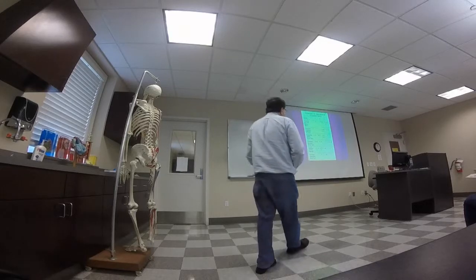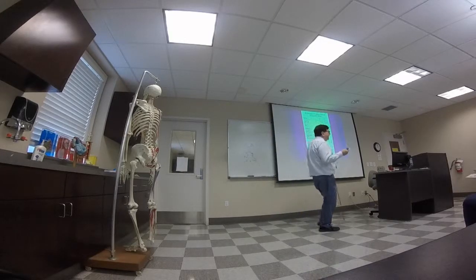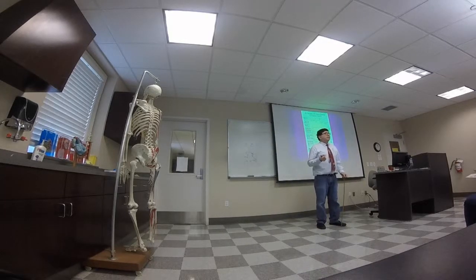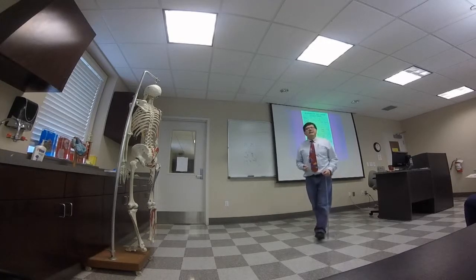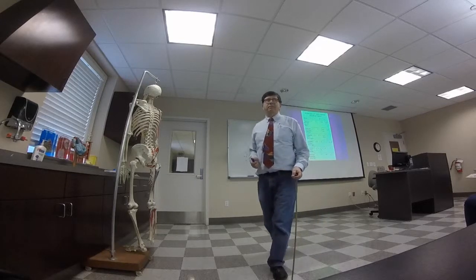Now, ideally, if somebody has type A blood and they need a transfusion, we want to transfuse with type A donor red blood cells. Okay? We want to provide an exact match if possible.